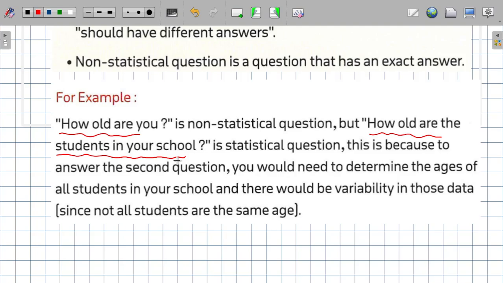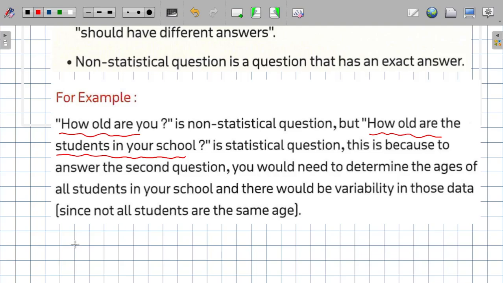Since not all students are the same age, maybe I have 7 years, 8 years, 9 years, 10, 11, 12, 13, 14, 15, 16, 17, and so on. So I have variability in data.